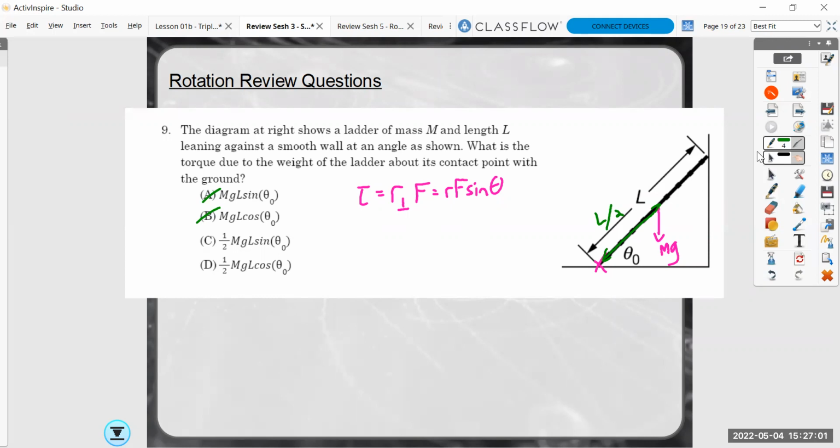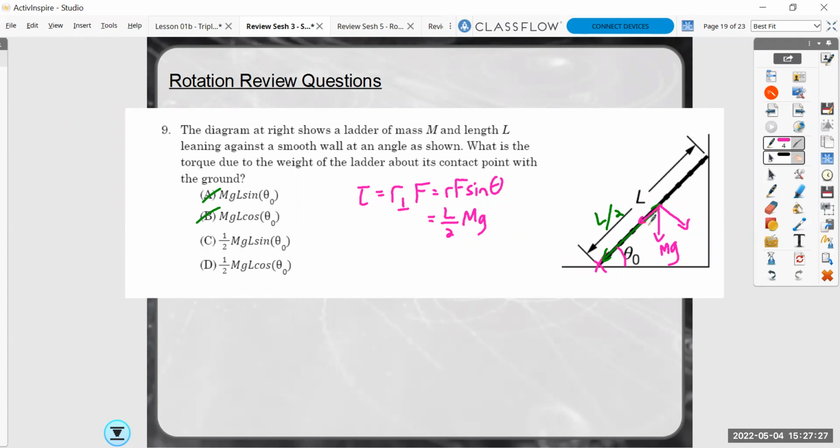Now the real question here is, all right, I've got my radius, it's L over 2, or 1/2 L, mg. And now the question is, is it sine theta, or is it cosine theta? Well, here's where you've got to be cautious. They're giving you this angle, but we've got to work out what is the perpendicular component of our force, because it's this component that's actually going to generate a torque, right?